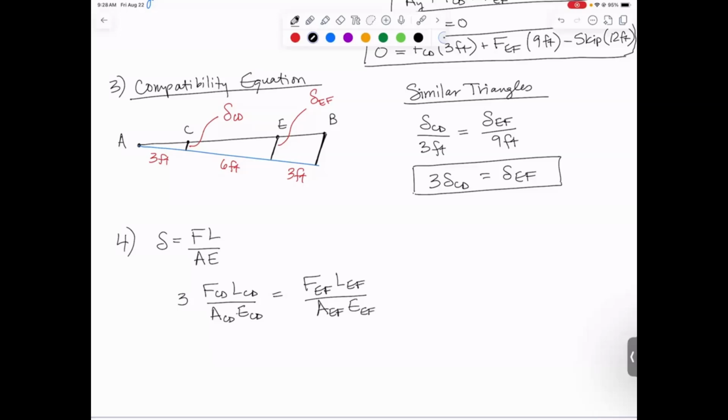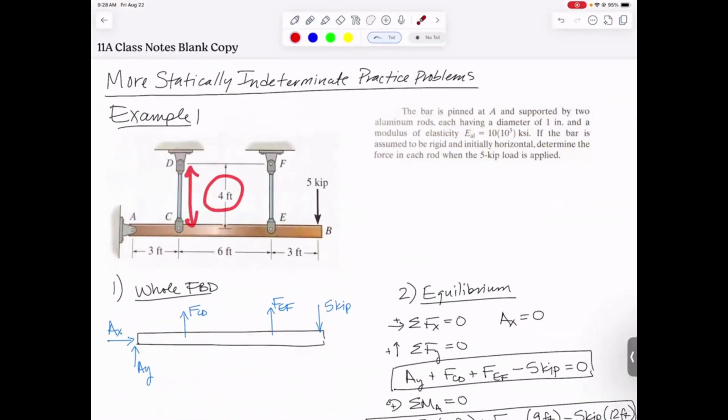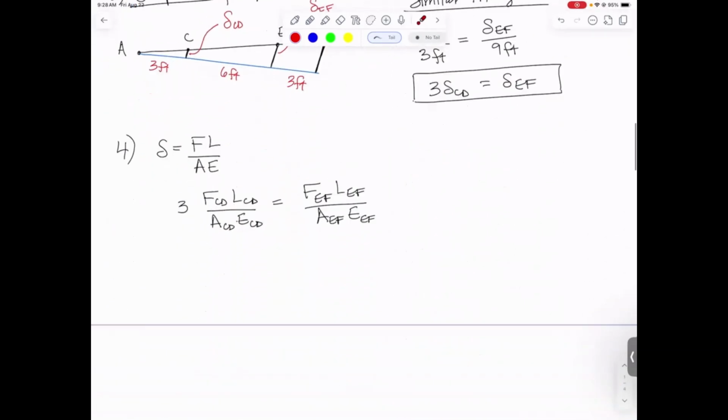We need to go look at what those lengths, those areas, and those Young's modulus values are. They both have the same length, 4 feet. They both have the same diameter, 1 inch, and they both have the same modulus of elasticity. So as far as this equation is concerned, we can simply cancel out the lengths, because they're both 4 feet, the areas, because they both have the same diameter, and the Young's modulus values, because they're the same material.